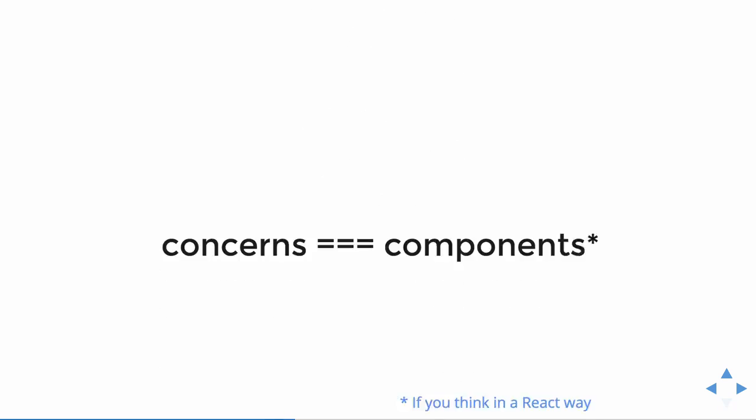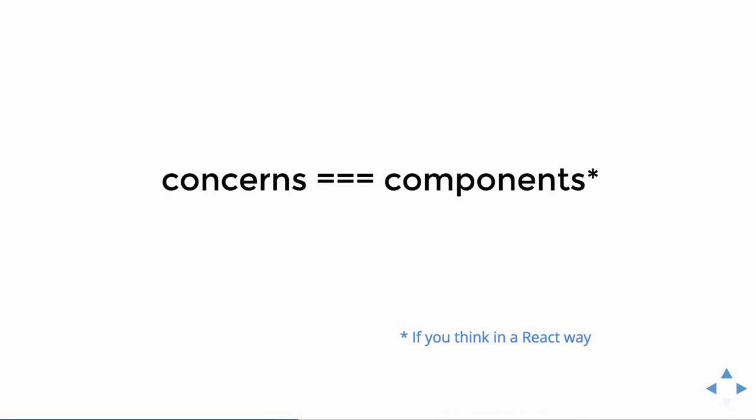But if you think in a React way, the concerns of your application are more the components, the smallest parts of your UI that have very different use cases or functions in your application. Those are the concerns you care about, and you want to separate them. So it's pretty cool.